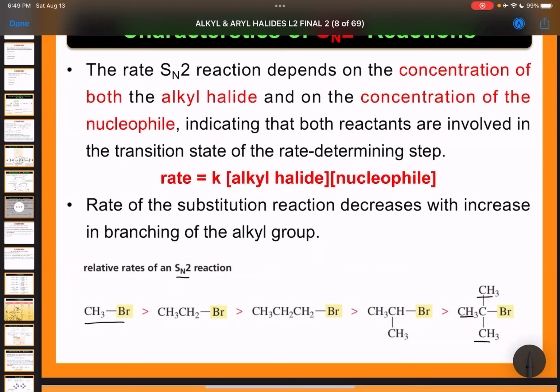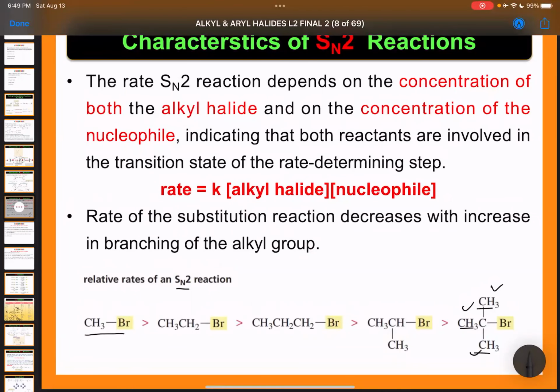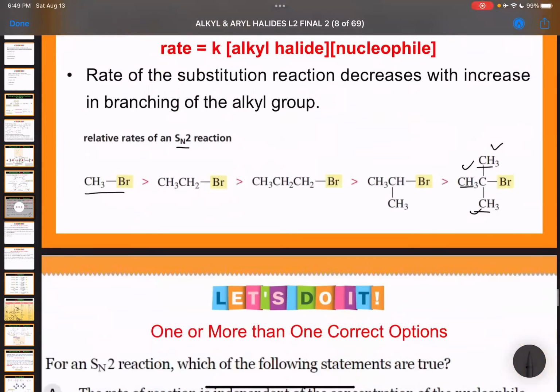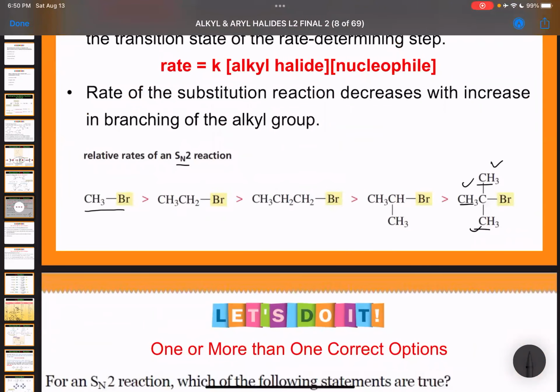This is written in condensed way, but actually there are these 9 hydrogens also which will be spreading outside, and they will stop the nucleophile from coming and joining itself to the carbon containing Br. So that's the main problem. So tertiary alkyl halides never undergo SN2 reaction. It is very difficult for them, with a very low rate for SN2 reaction, right? Because in SN2 it happens simultaneously. But does this mean that a tertiary substrate will never undergo reaction? Can it undergo substitution reaction?